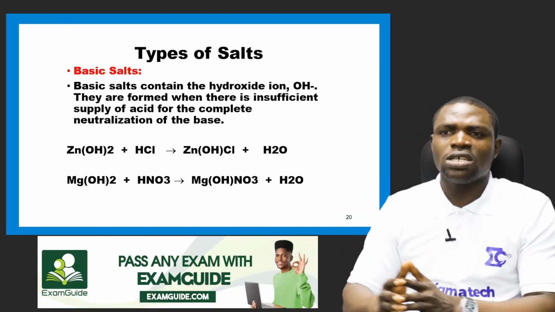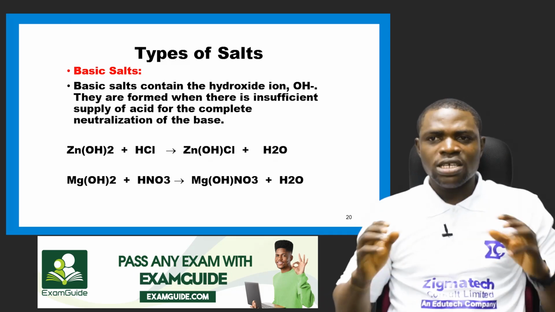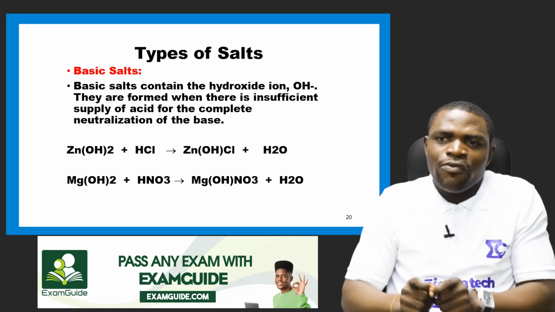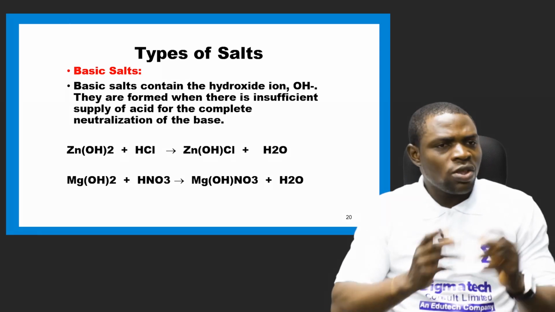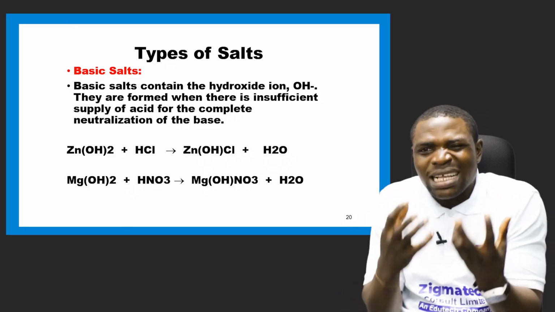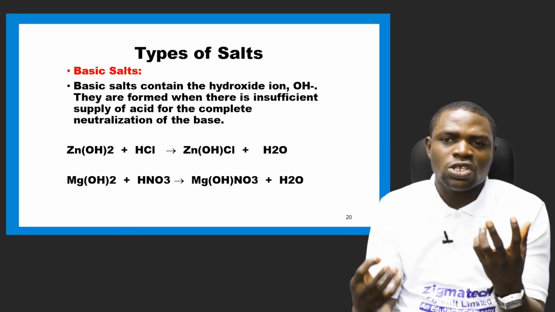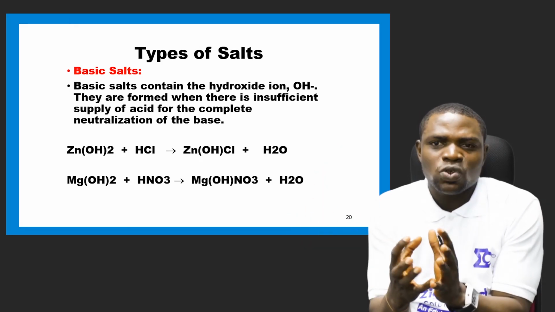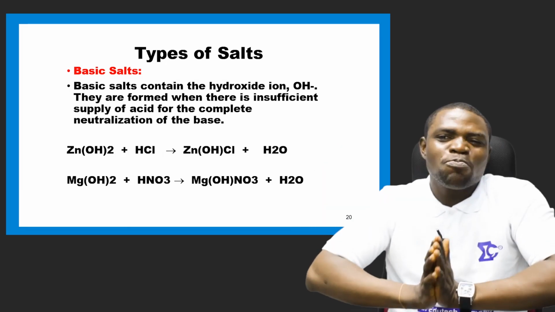So basic salt contains the hydroxide ion, and these are formed when there's insufficient supply of acid for complete neutralization of the base. In other words, if you are taking 10 mL of acid and you want to achieve a complete neutralization, you need to take the exact 10 mL of base. Reacting them together will give you your expected result.